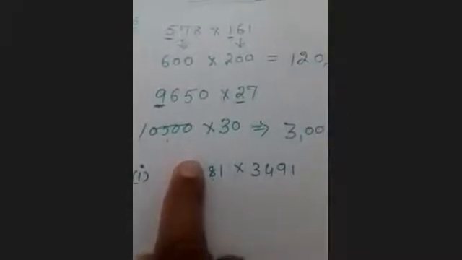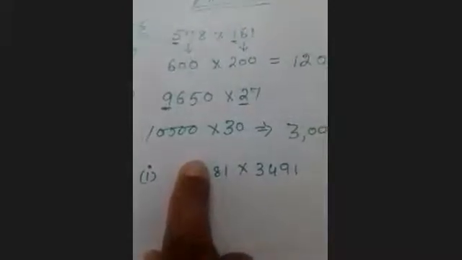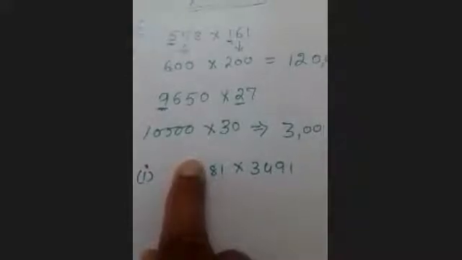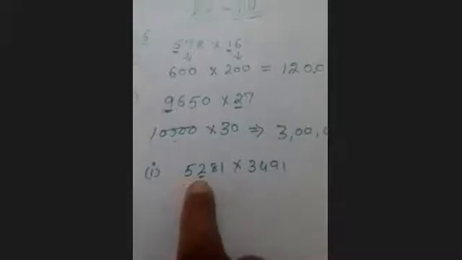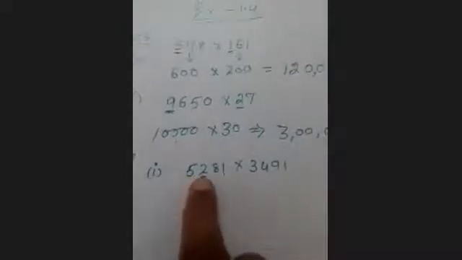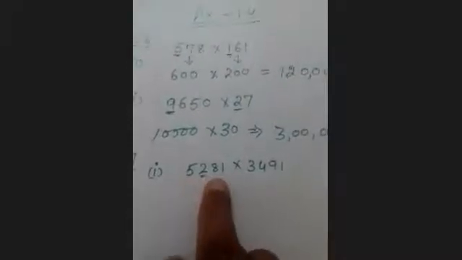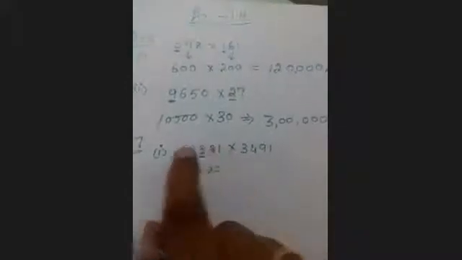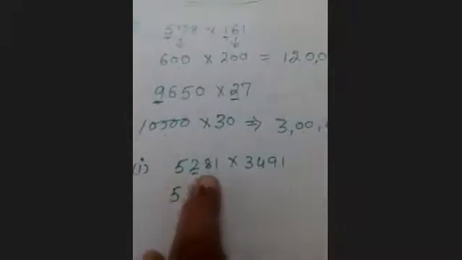If this number is 5 or greater than 5, then this 100 place number will exceed one step. Here we have 200, so the nearest value will be 300, that is 5300, because 1 stands at 100 and the next digit is 8. So the nearest value of 5281 is 5300.